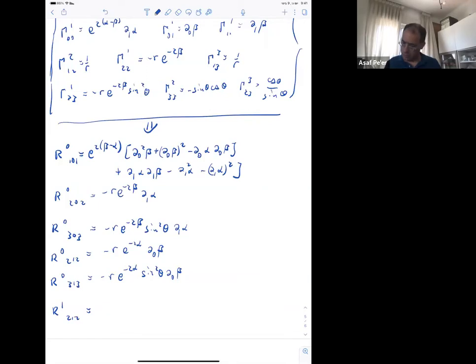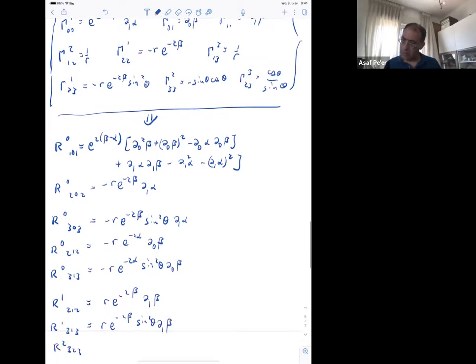R1212 is R e to the minus 2 beta d1 beta. R1313 is R e to the minus 2 beta sine squared theta d1 beta, and R2323 is 1 minus e to the minus 2 beta sine squared theta.